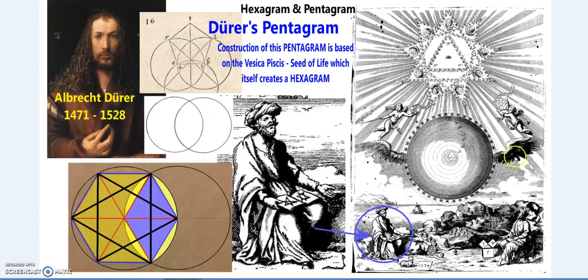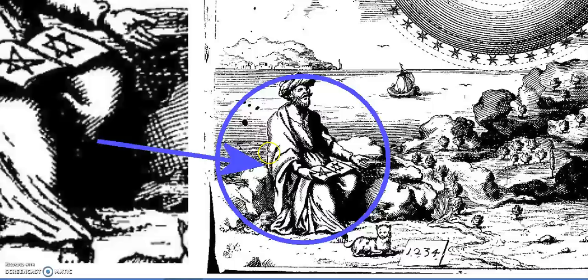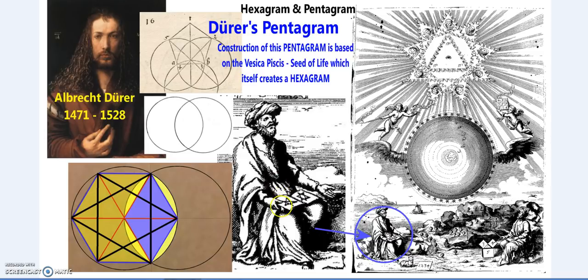But now, staying on that board, what do we have? This figure down here, and there we see the zoom. Now he's got his book open, and he's got a 6-pointed star, or the Star of David, and he's got a 5-pointed star. Now Albrecht Dürer, a very important person in this field in the late 15th, early 16th century, in this very chunky period in regards to Hermeticism and the rise of Rosicrucians and these types of things.